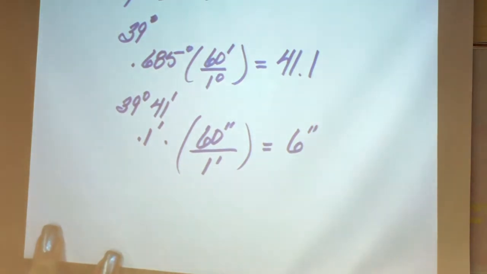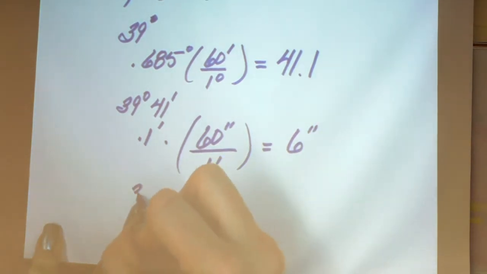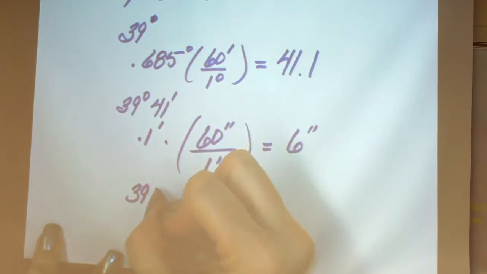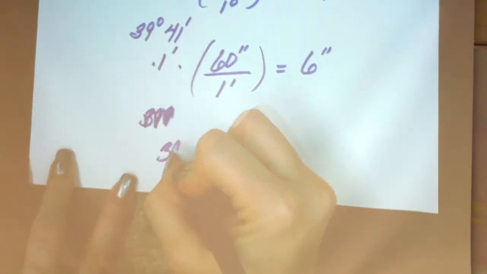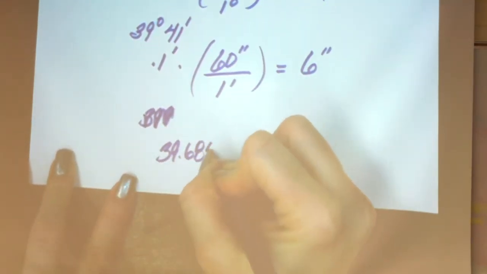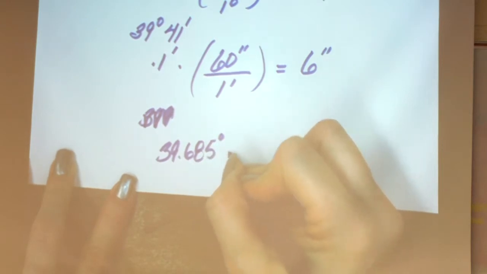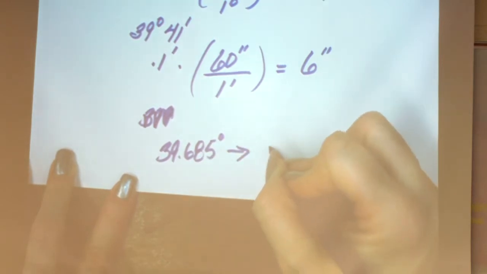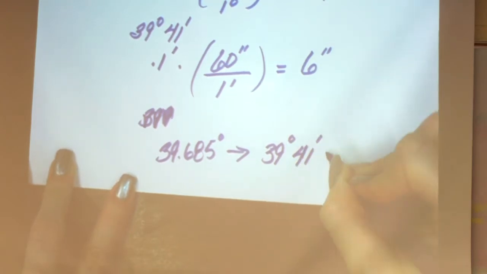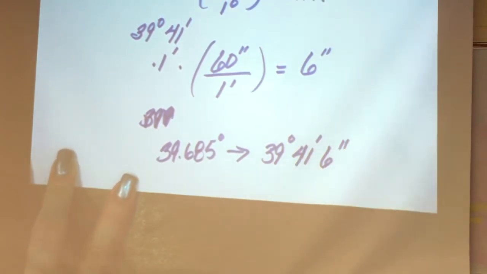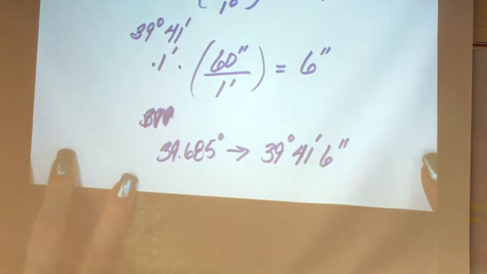So now if I write this all out, 39.685 degrees would be 39 degrees, 41 minutes, and 6 seconds in degree, minute, second.